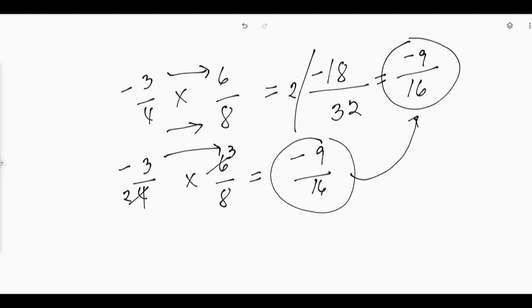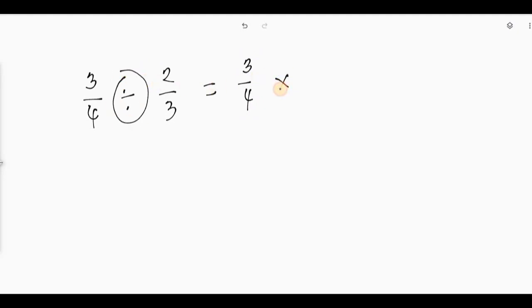Right? So, another example for division naman. So, sa division naman, like for example, 3/4 divided by 2/3. So, ang gagawin natin, kukopyahin lang natin yung first fraction natin, 3/4. Tapos, yung divide, gagawin natin times.